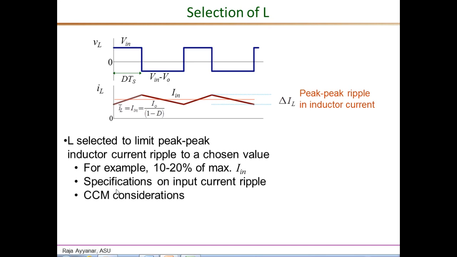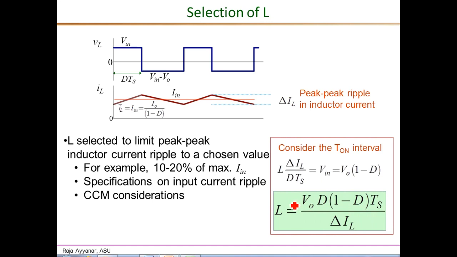Or the delta IL may be dictated by the continuous current mode considerations. For example, if it is required that the converter operates in CCM down to some specified minimum load, then that dictates the choice of delta IL and therefore the choice of the inductor. Now, regardless of how we select the value for delta IL, once we have chosen a specific value, we can derive the expression for the required L value to meet this delta IL specification under all operating conditions.